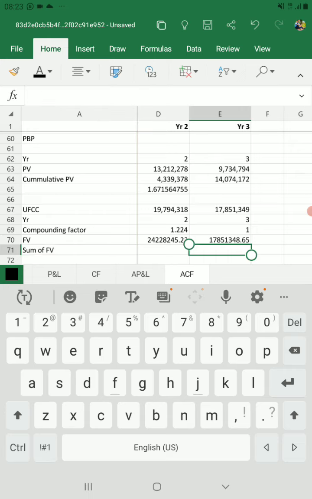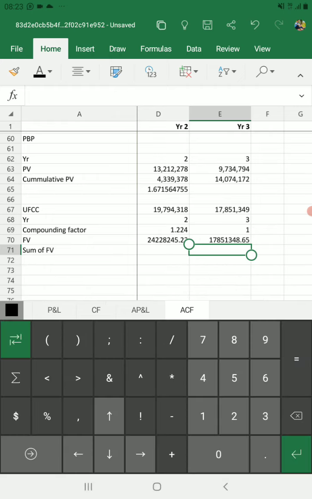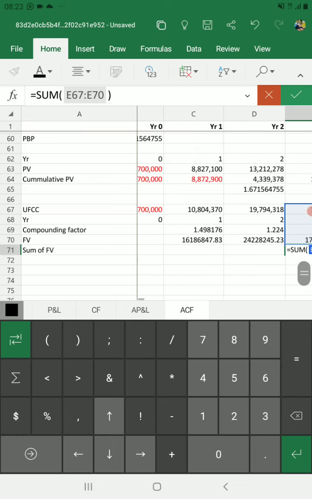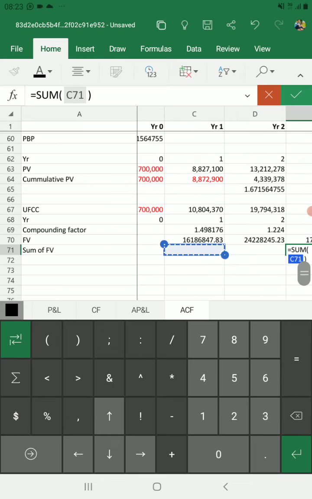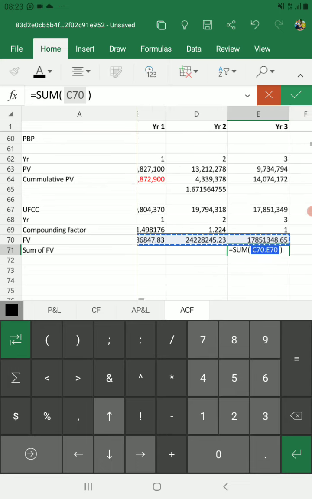So all the intermittent positive cash flows have been compounded to establish their future values at the end of projection period, in this case year 3. So here we simply sum them, starting from year 1 here up to year 3.